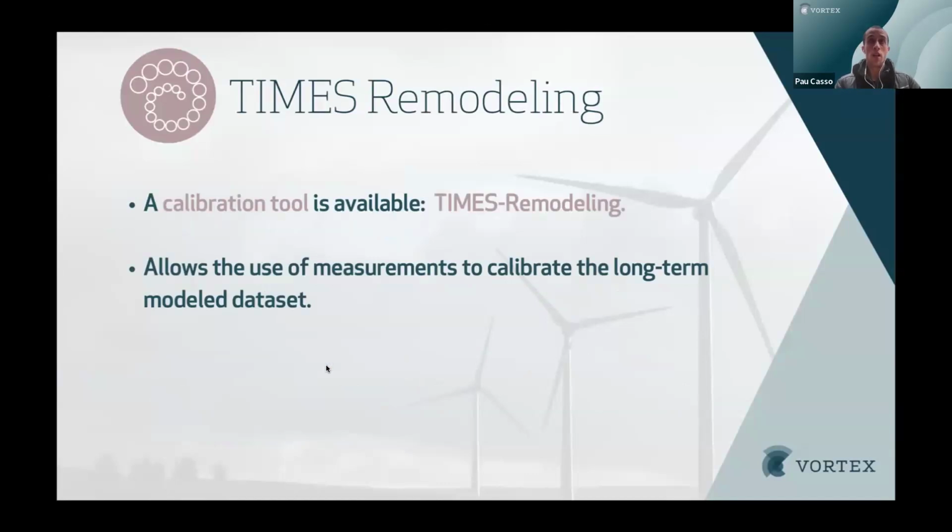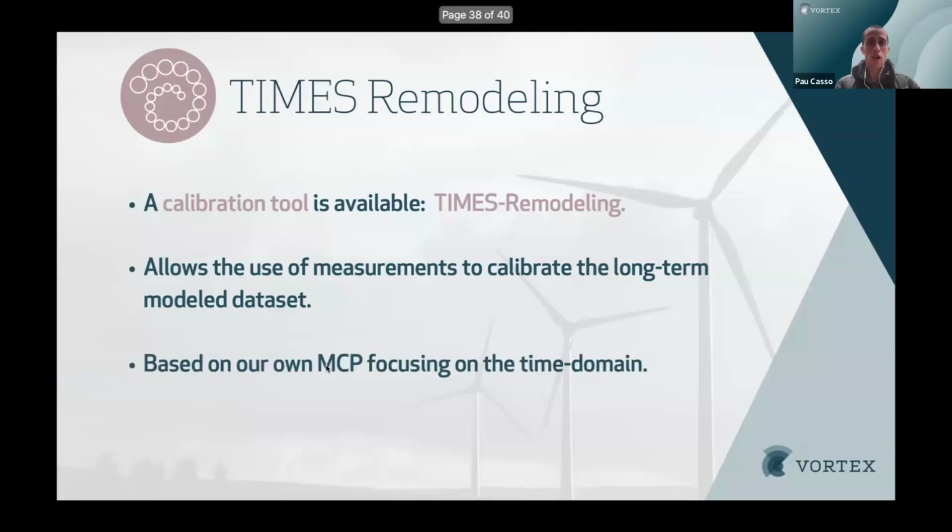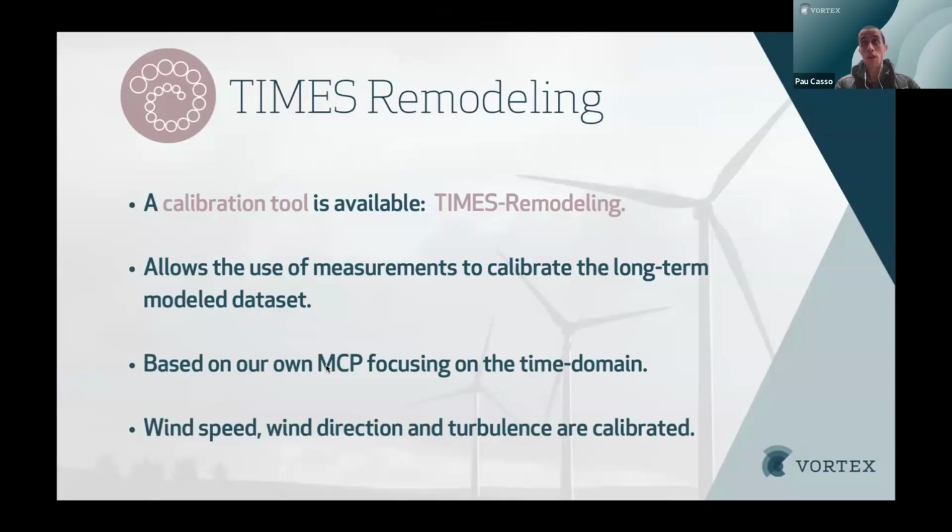Those familiar with it may already know that we offer this for series, but in this case, the times remodeling will allow a 10-minute output for 20 years by combining measurements and our model, the times product, at a 10-minute scale, including turbulence, which is very new, in order to extrapolate turbulence to the long term for those having, say, 8 months of measurements of turbulence, and then you want to extend to the long term, etc. So I think that will become available this week in our portfolio.